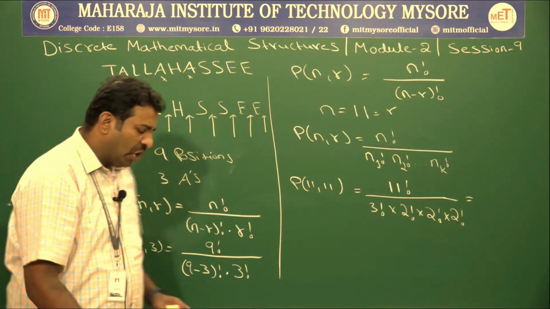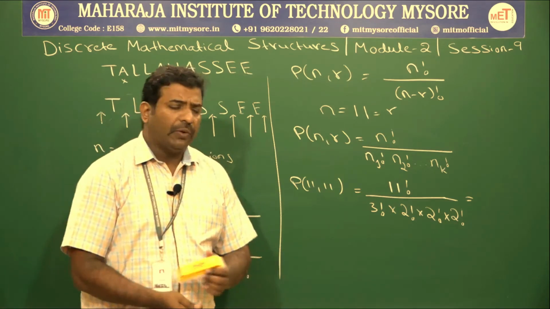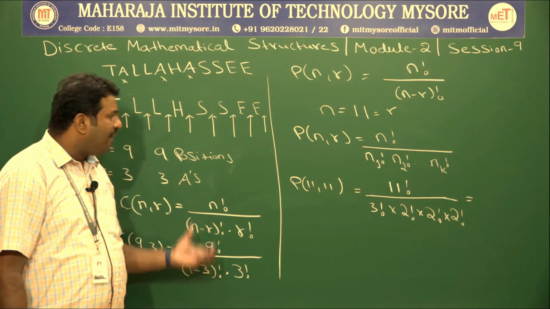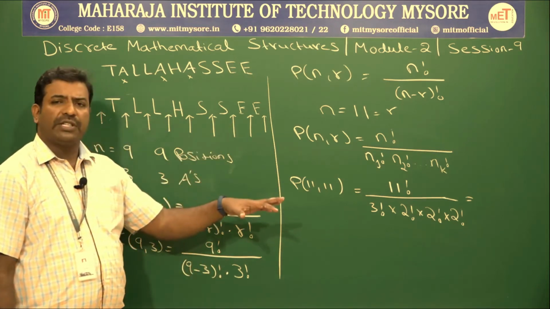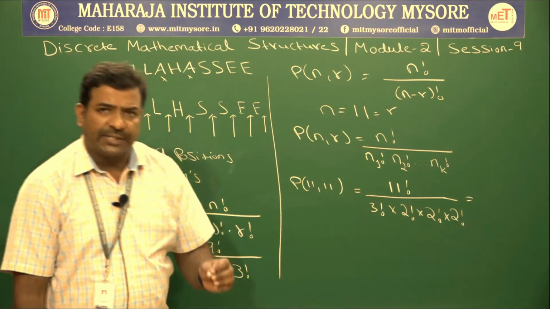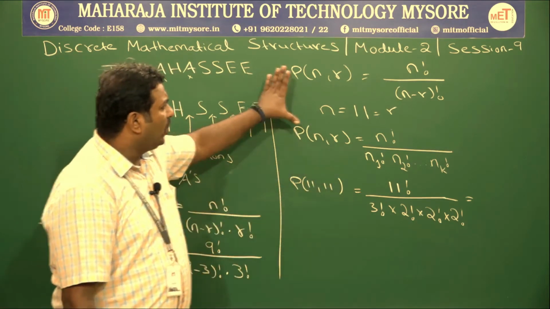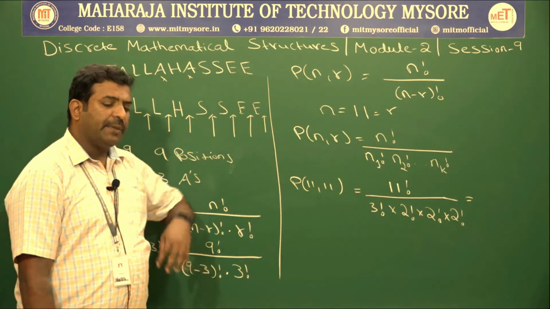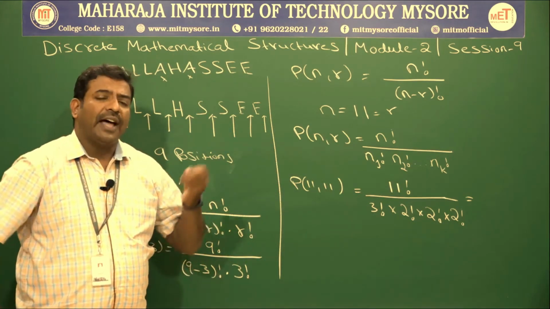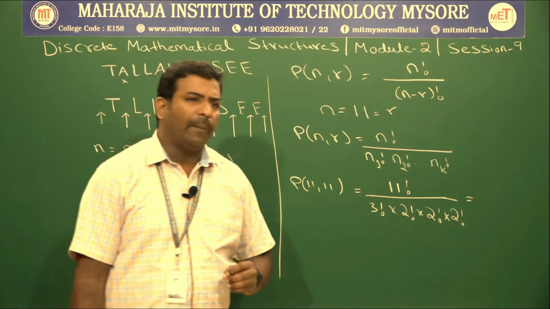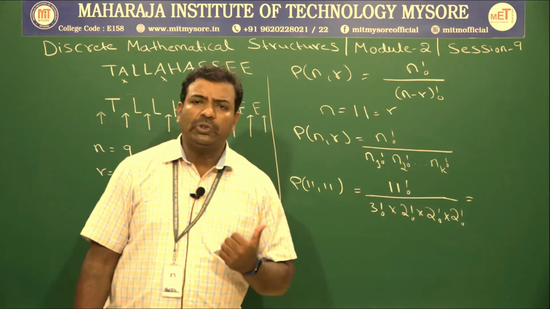So solve this, and you will get to know how many ways there are to arrange these characters without having adjacent A's. And this is the total number of arrangements where the A's are not adjacent. So this is how we are going to solve the problem.